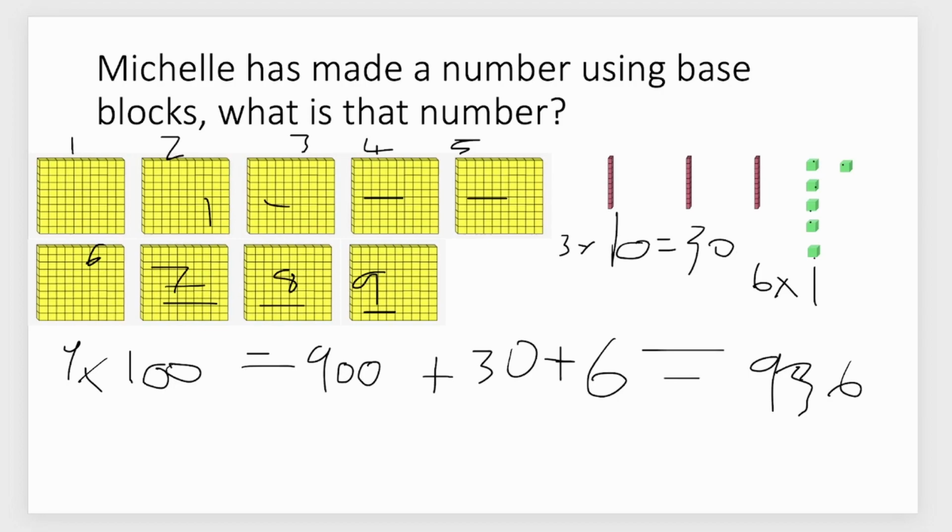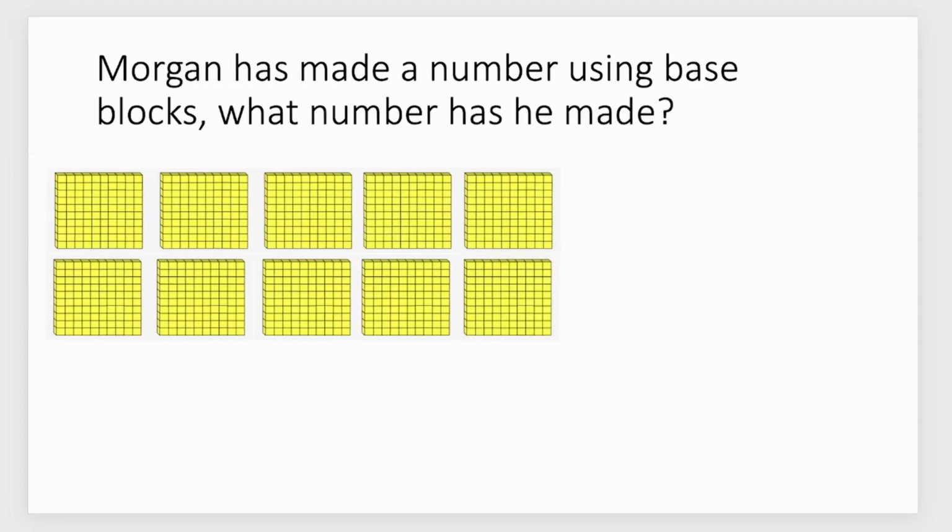And moving on to the final question, Morgan has made a number using base blocks. What number has he made? So let's just go through and count these blocks here. 1 block, 2 blocks, 3 blocks, 4 blocks, 5 blocks, 6 blocks, 7 blocks, 8 blocks, 9 blocks, and 10 blocks. So we have 10 blocks here, 10 lots of these yellow boxes.